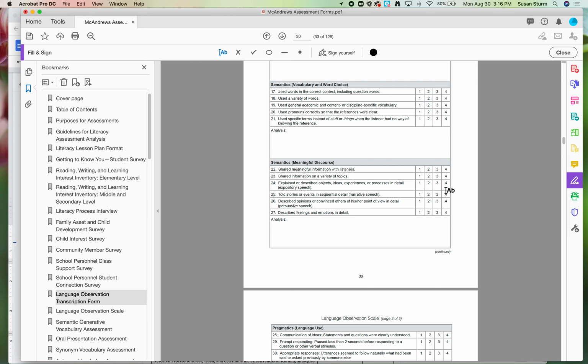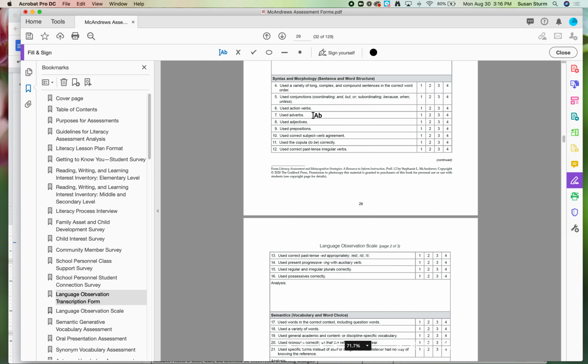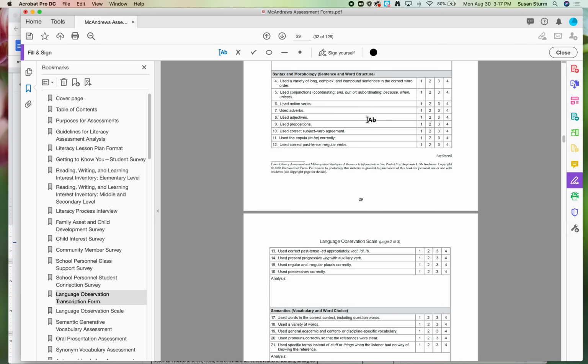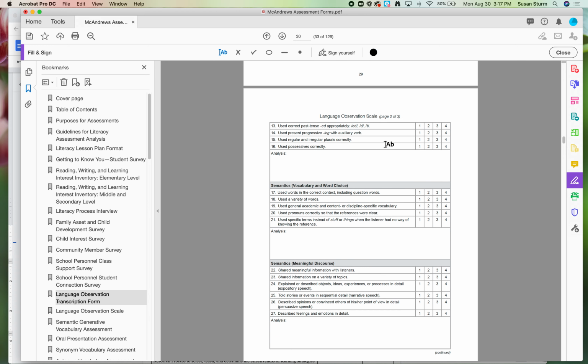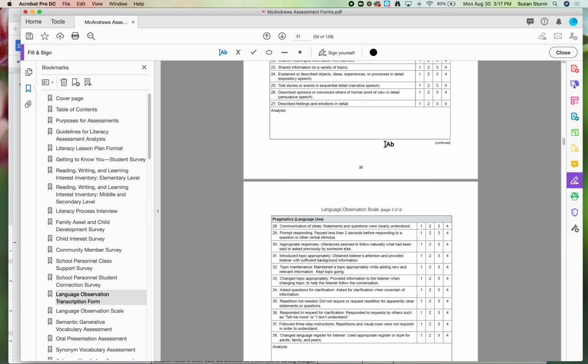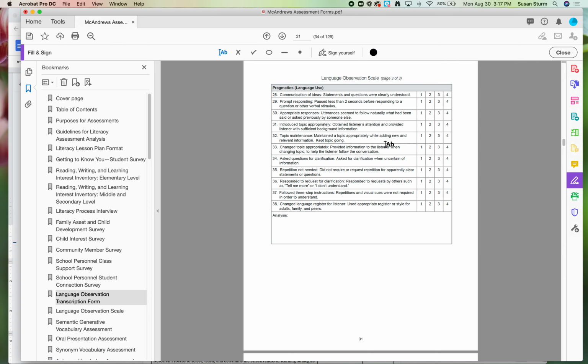You can cross off the ones that are not relevant or put an NA next to them. If there's any that you simply have not heard or you weren't able to pay super close attention and hear how they use adverbs, if they never say, I quickly ran to get the thing. If they've never used an adverb, you can leave that one out and just put an NA, or not observed would also be appropriate. So you can see there's no final score for this assessment.